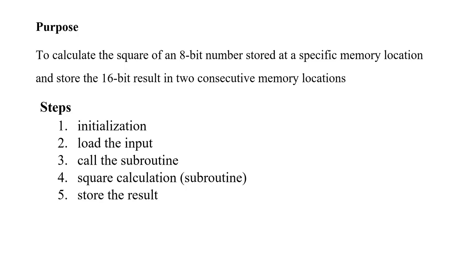We'll store the lower byte in the memory location next to the input. Suppose we have given the input at 30H, we'll store the lower byte in 31H, and we'll store the higher byte in 32H. That is, consecutive memory locations.